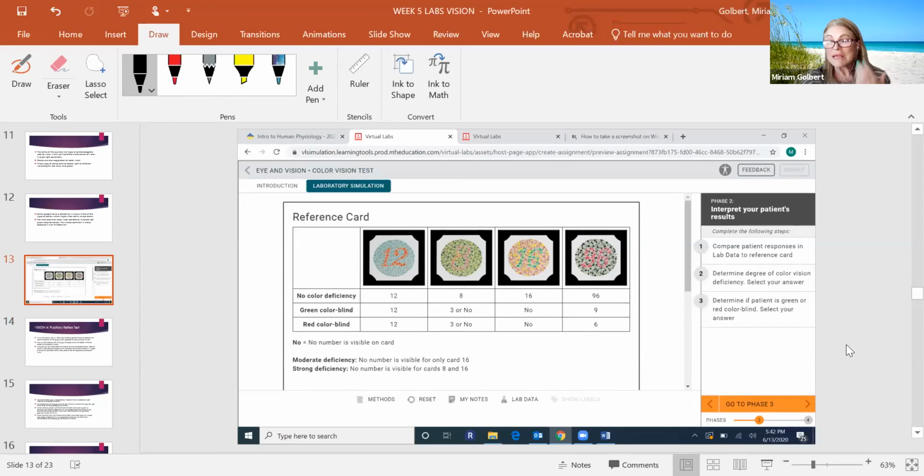And think about some of the professions where it would be a problem to be colorblind, right? An ambulance driver, right? Problem, if you can't tell if it's the green light or the red light, whether you have to go through or not.